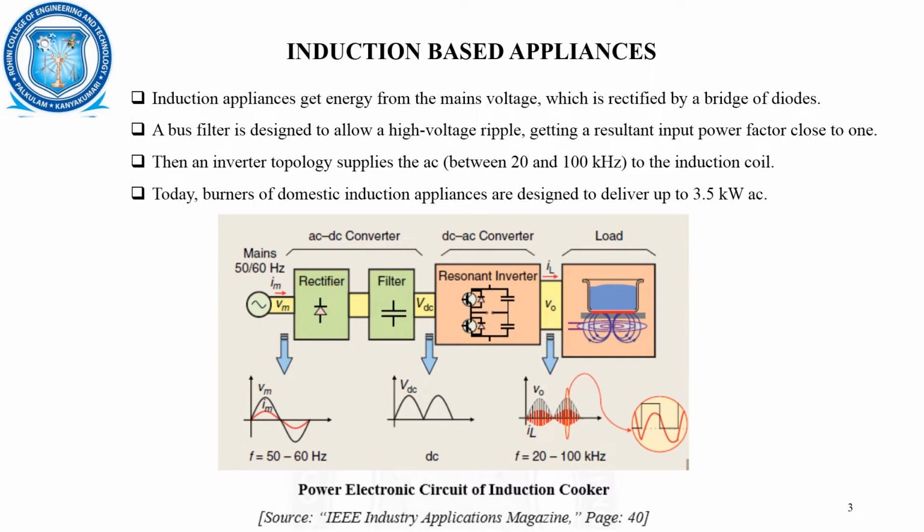The inverter topology will convert the input signal to a suitable signal for the induction process to occur. Today, burners of domestic induction appliances are designed to deliver up to 3.5 kilowatt.